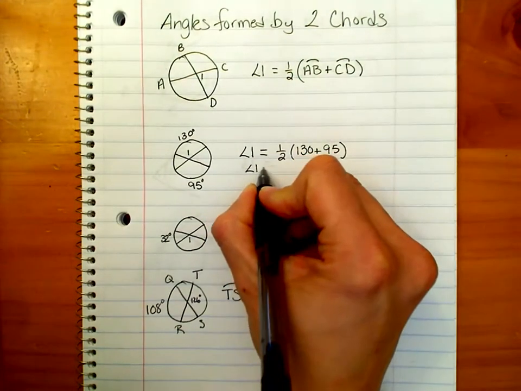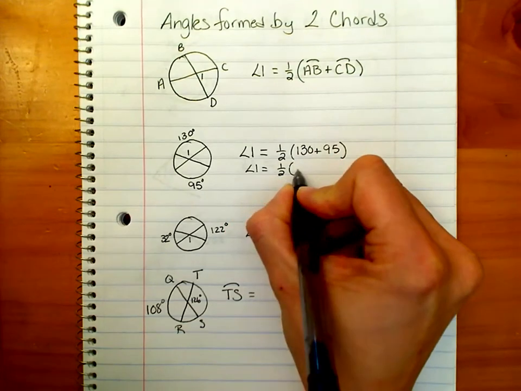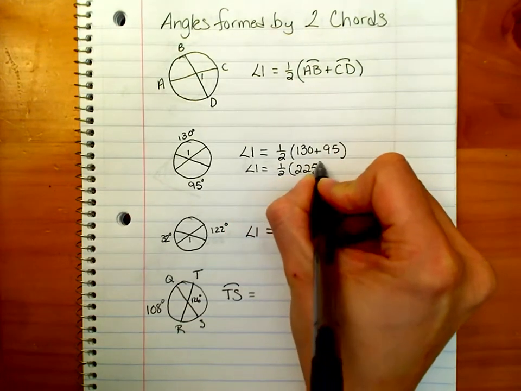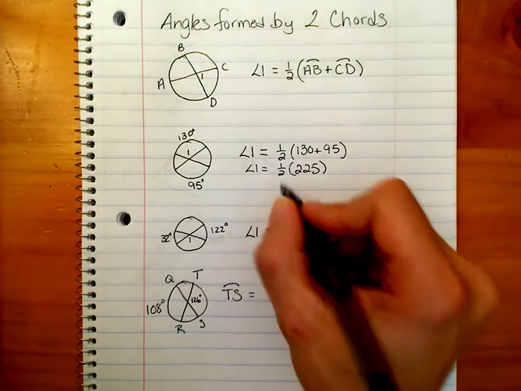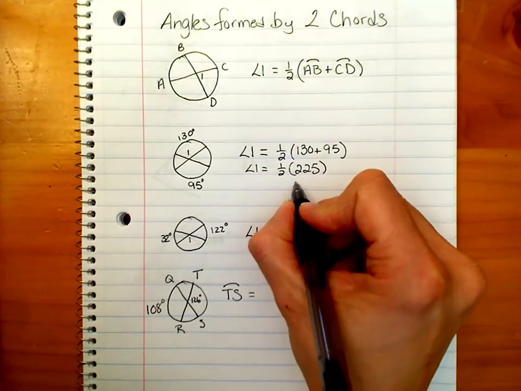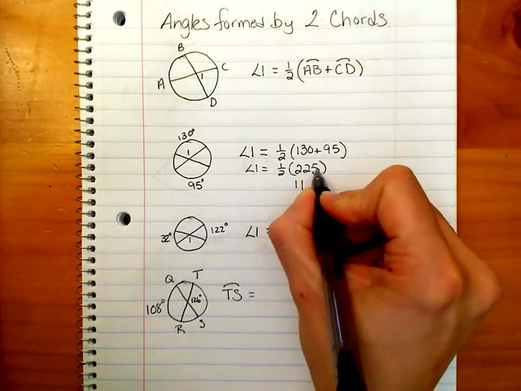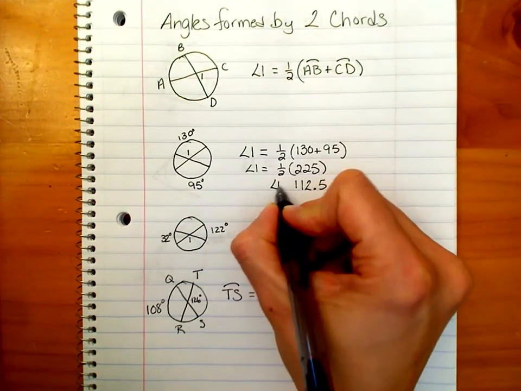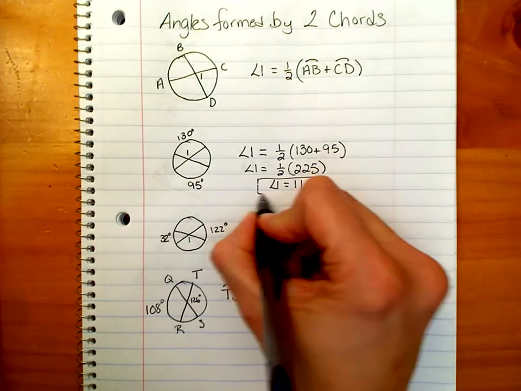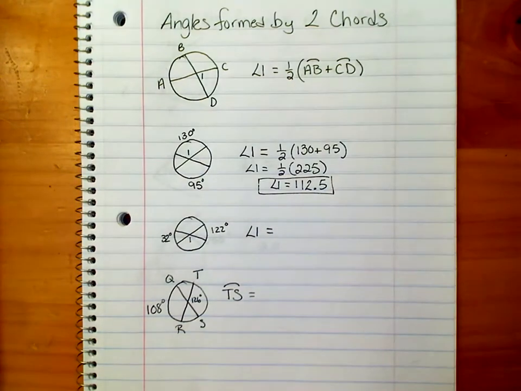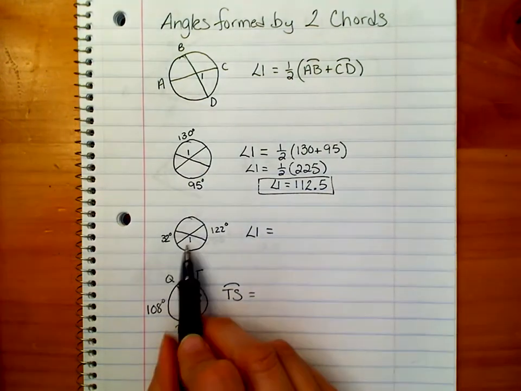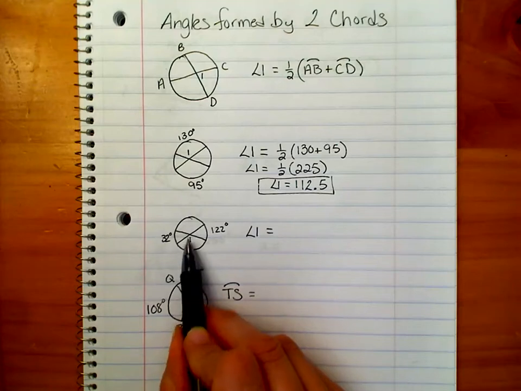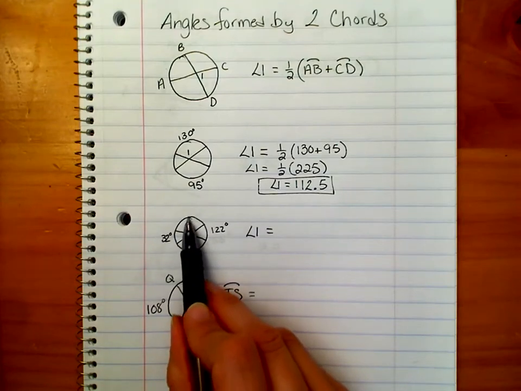So angle 1 is equal to 1/2 of 225. What is half of 225? Well, 2 goes into 2 once, goes into that 2 once, goes into 5, 2.5 times. So angle 1 is equal to 112.5.